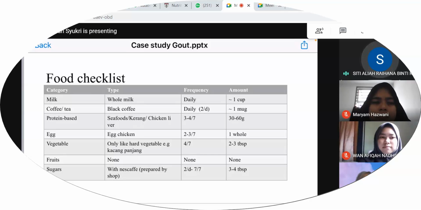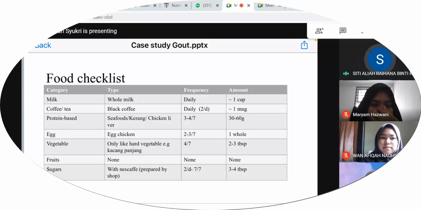And then the patient also takes the protein base, which is from the seafood, kerang, chicken liver, which is high in protein.